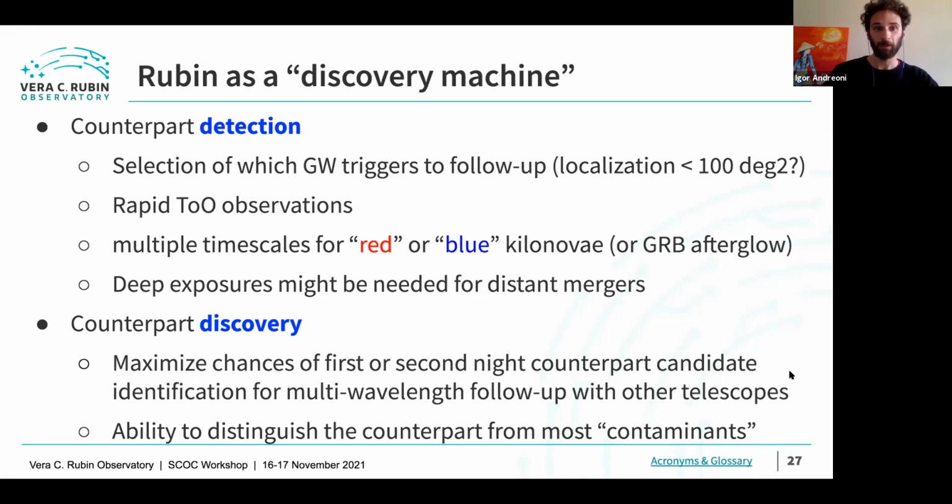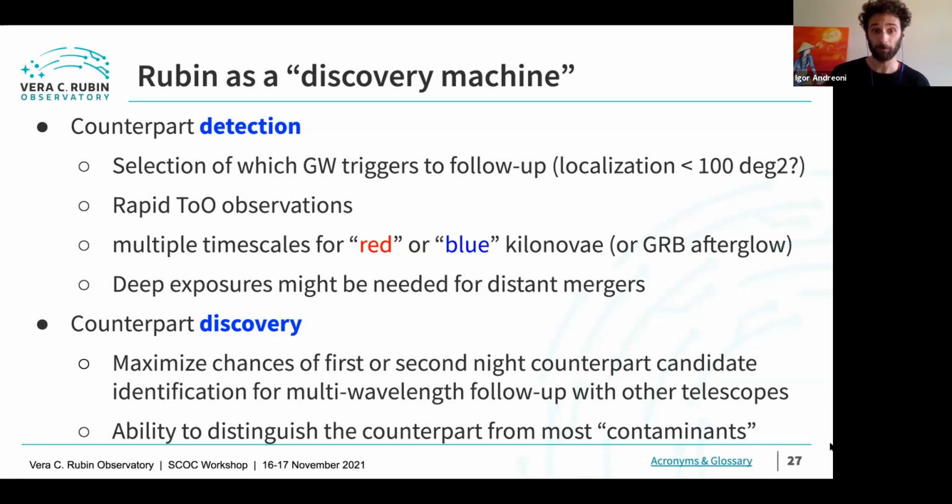To be able to enable detection, there are several steps that we want to go through. First of all, we may want to select smartly which gravitational wave triggers to follow up, especially if during O5, O6, so in the future, it will be routine to find binary neutron star and neutron star black hole mergers, especially at very large distances.